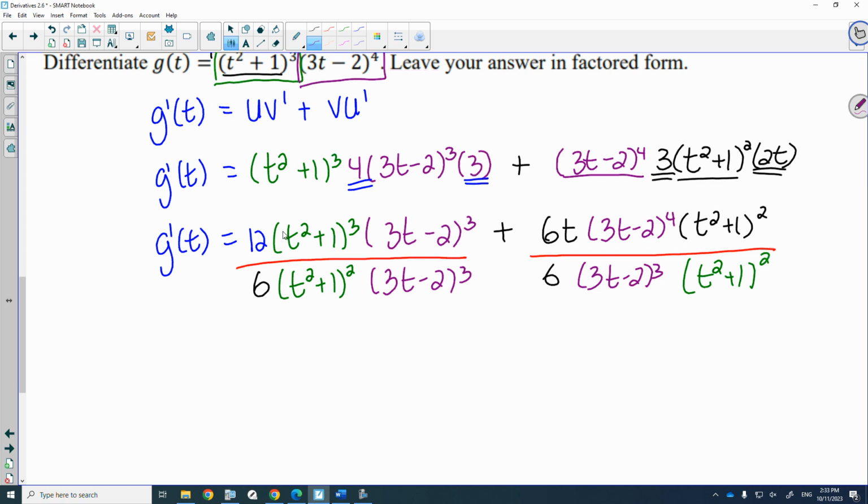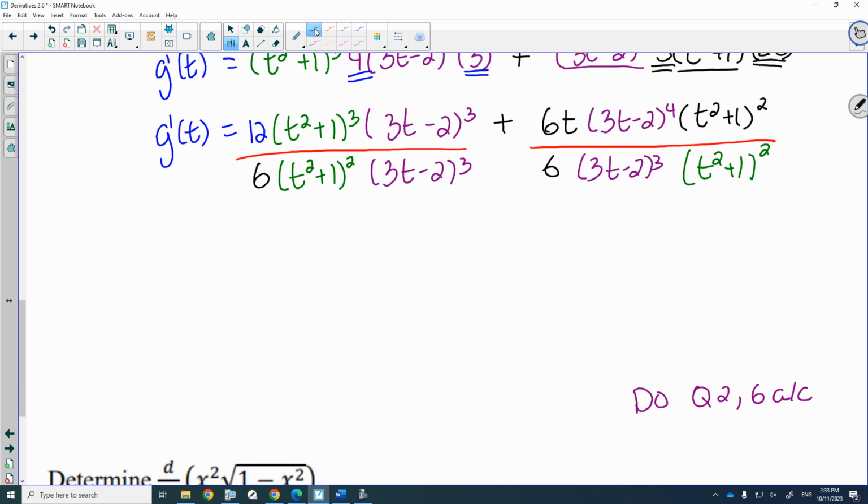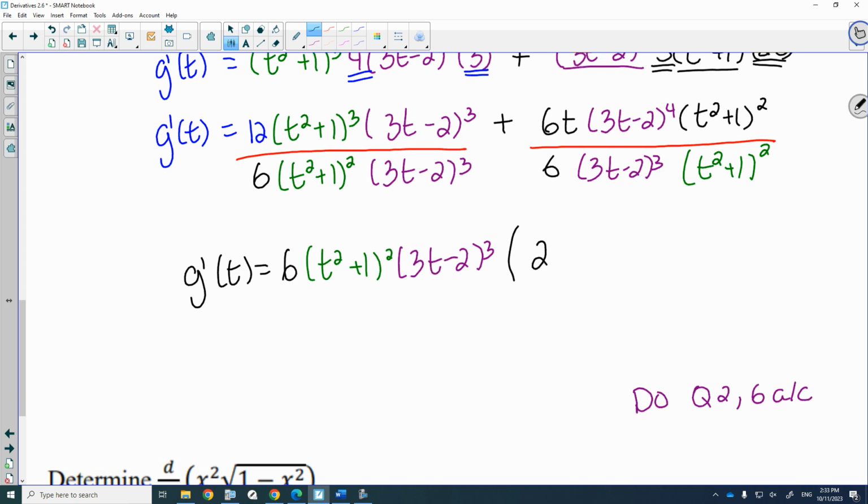Okay, so g prime of t is equal to, pull out your factors first. So we had a 6. We had a t squared plus 1 squared. And I had a 3t minus 2 to the 3. Then what's left over is 12 divided by 6 is 2. This would cancel. And then what I would have over here, 3 minus 1 would give me 1.